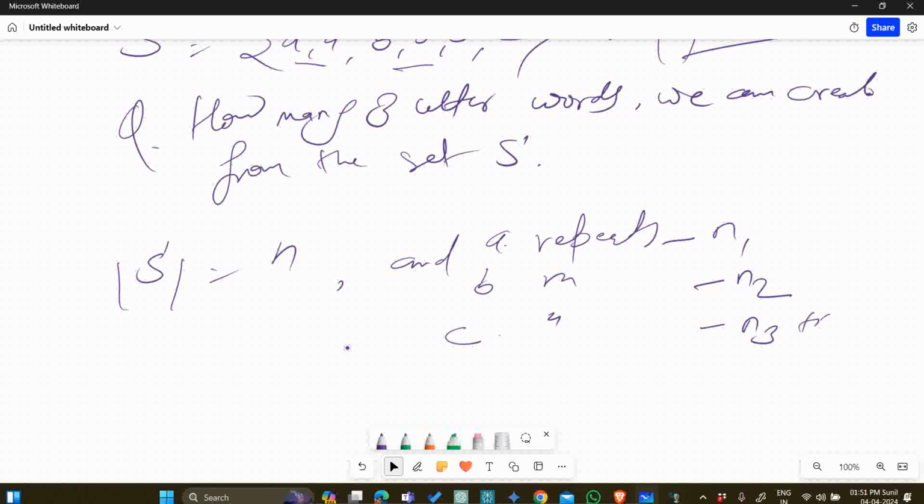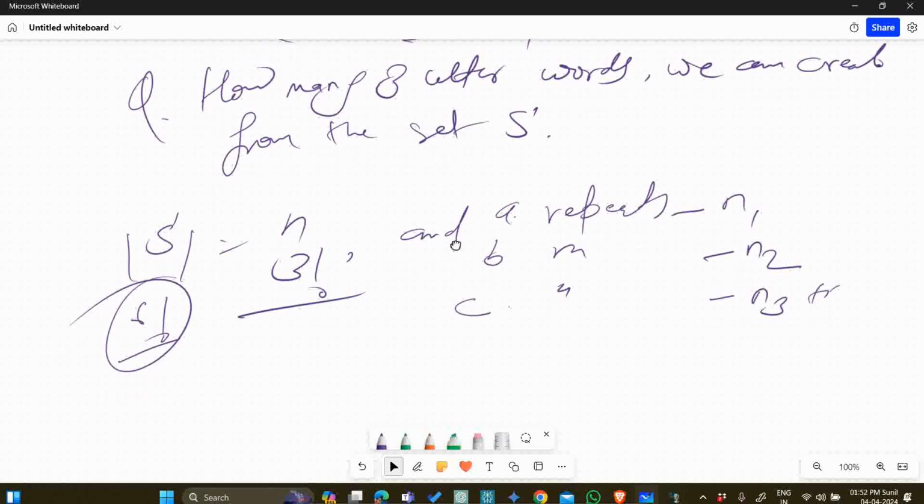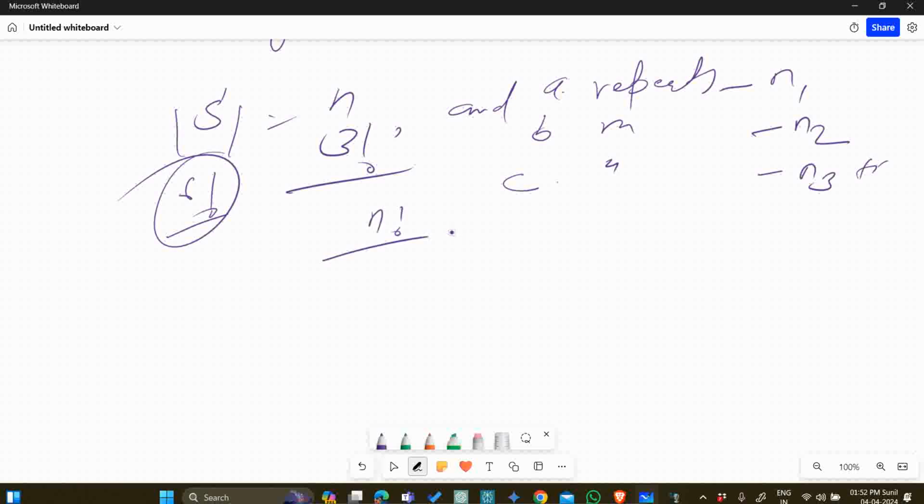It would be n factorial upon n1 factorial, n2 factorial, n3 factorial.